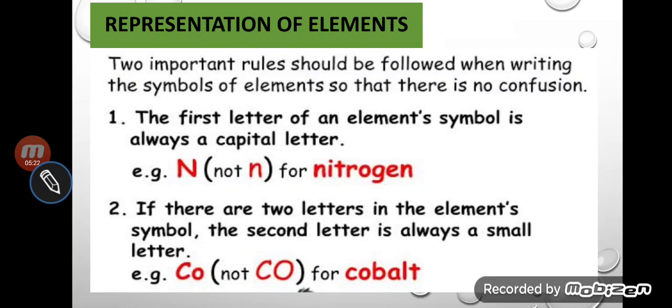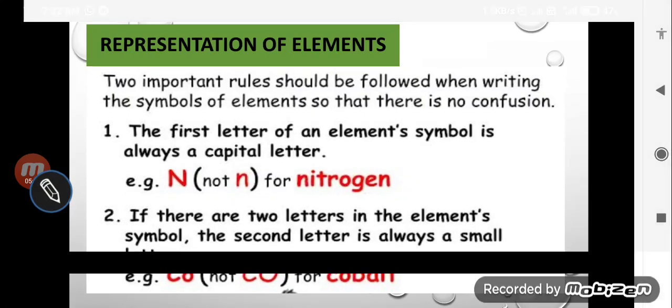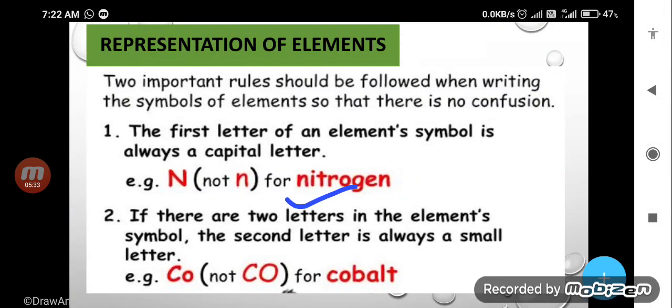The first rule is that the first letter of an element symbol is always capital. Suppose I want to represent nitrogen, so only N, and N we have to write in capital form, not in small form.